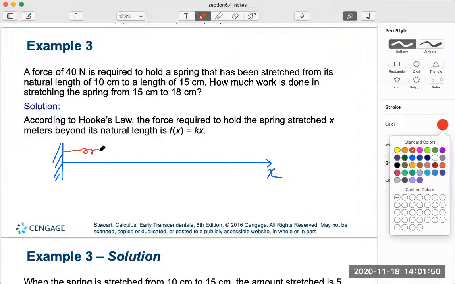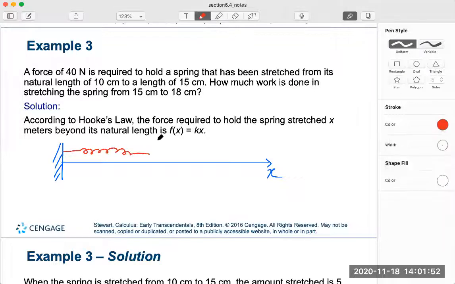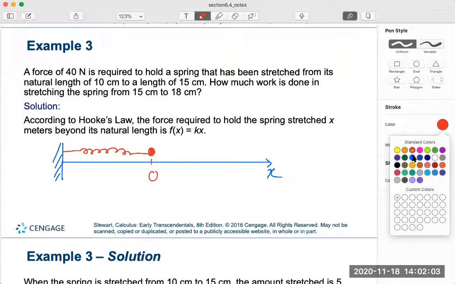This is the spring. Right, the object is here. Suppose this is the 0 position. Then it is pulled this way.